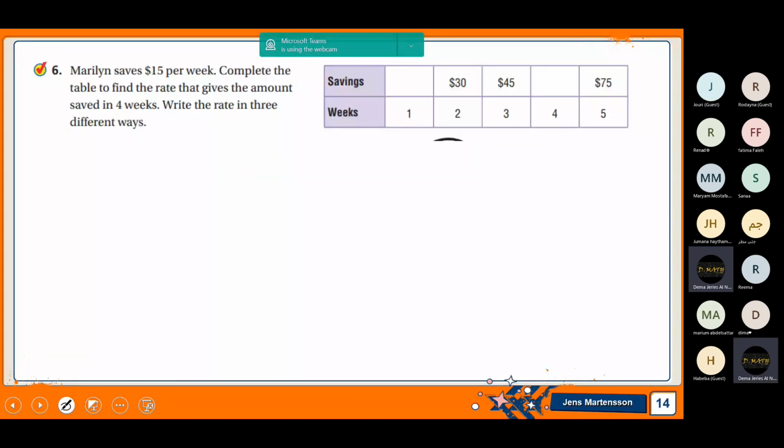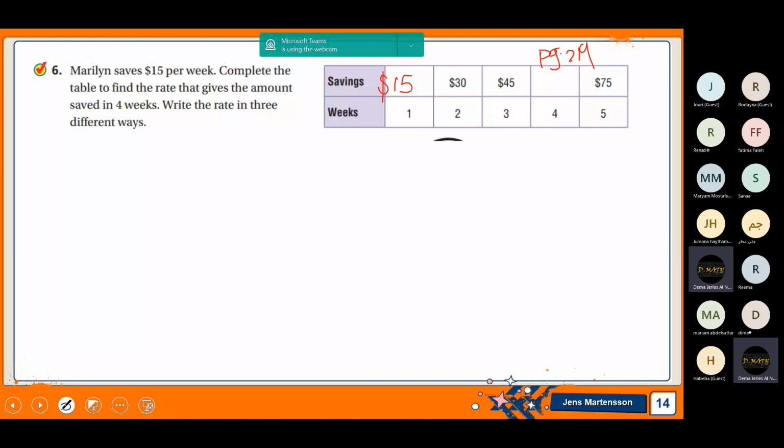Now, all of you, please go to question number 6, page 219. Marian saves $15 per week. Per 1 week, how many dollars? 15. Complete the table to find the rate that gives the amount saved in 4 weeks.